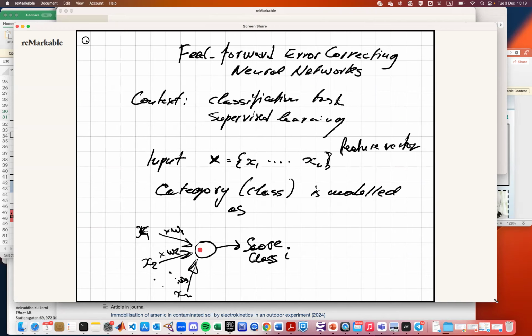For now, let's not specify exactly what this function is, but we call it f act, the activation function.